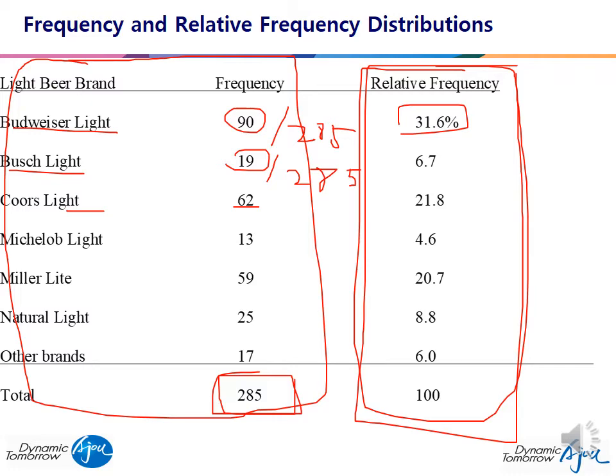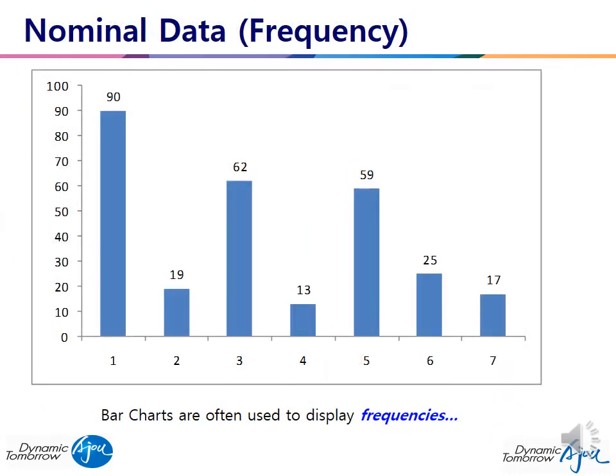Then let's interpret this one. Based on the previous frequency distribution, now we can create this bar chart. This is a bar chart. It is so easy to interpret the previous data, right? Based on a table, we can create a chart.